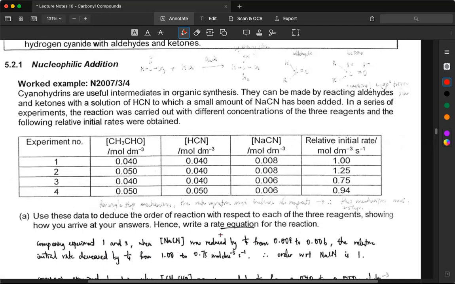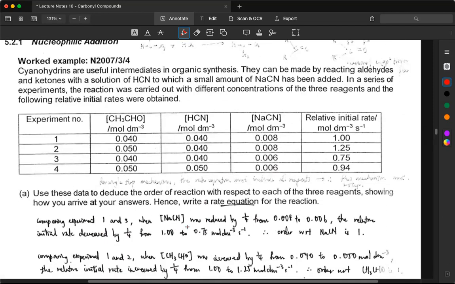So 1/4 to 1/4, the order of reaction with respect to NaCN is 1. This is how you explain the order of reaction using the data. Okay, this is how you phrase it. For 1 and 2, when CH3CHO decreases by 1/4, given that these two are constant, you choose the experiment.